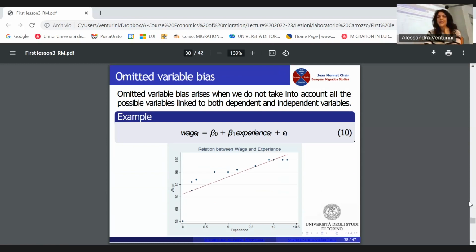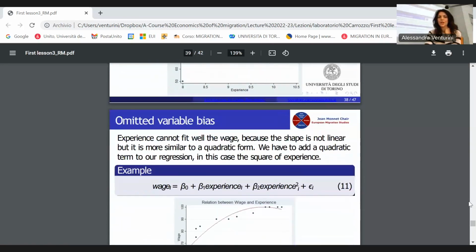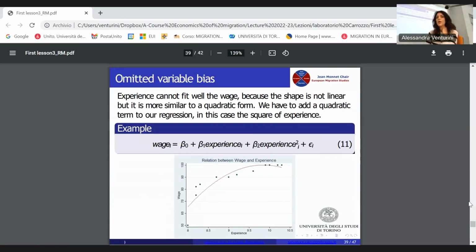In this case, probably we have to consider the square of the experience. So beta 1 experience at linear level and at square level. In this case, we can see that the fitted line better fits our data.